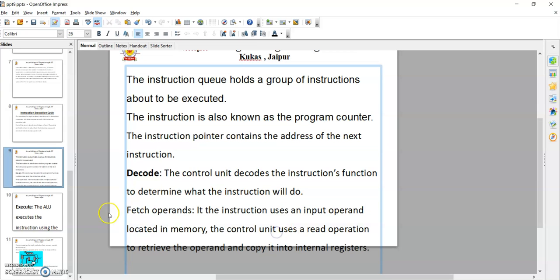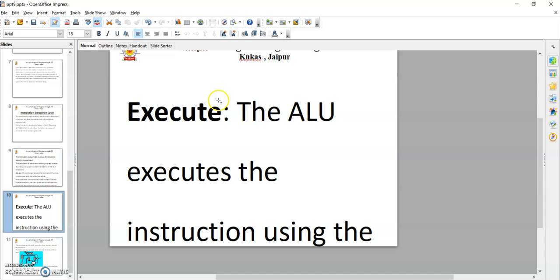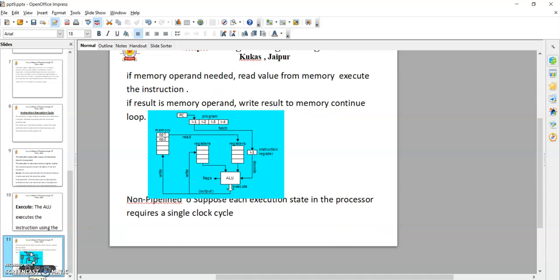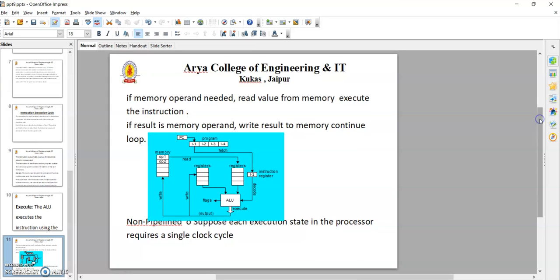What is the execute stage? The ALU executes the instruction using the named registers and internal registers as the operands and sends the output to the named registers and/or memory. The ALU updates the status flags, providing information about the processor state, and stores the output operand. If the output operand is in memory, the control unit uses a write operation for the storage of data.